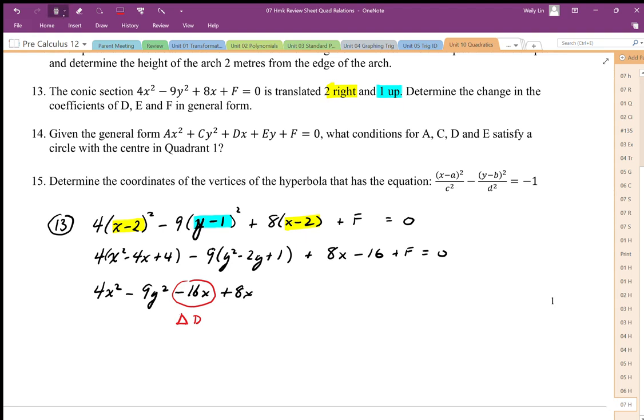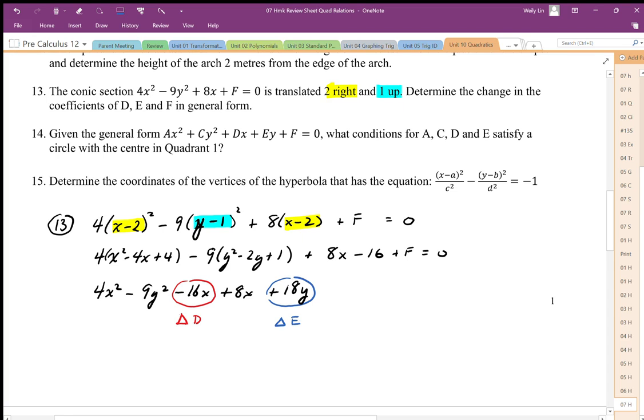So then we can continue along here. We have our plus 18y. Our y originally was 0y, so that's going to represent my change in the e coefficient. So that represents my change in e.